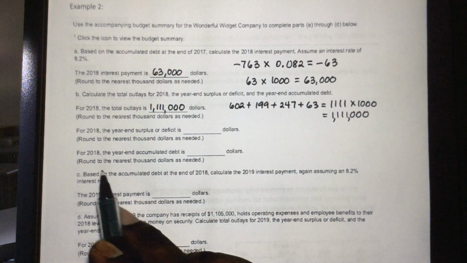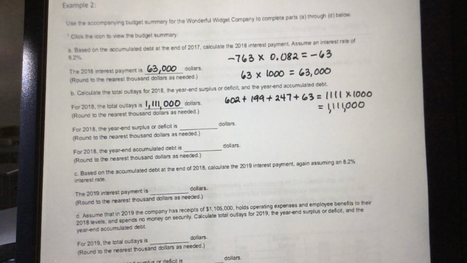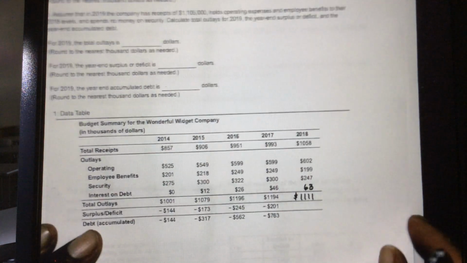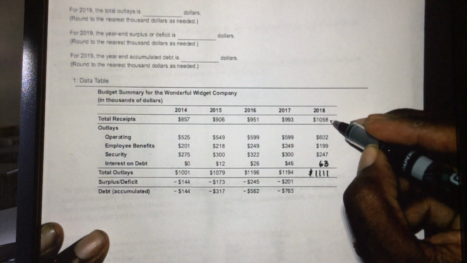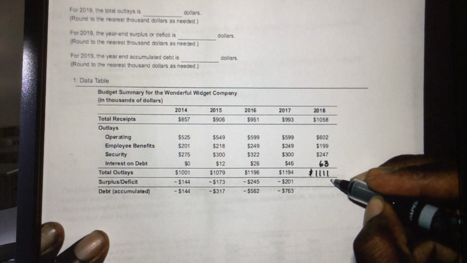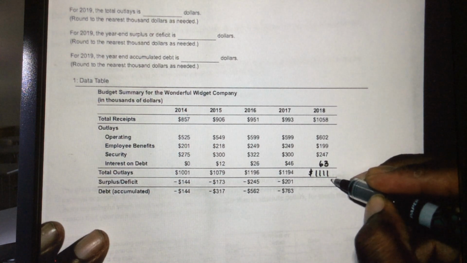And now for the 2018 year-end surplus or deficit, we take the receipts, which is this amount of 1058 minus the outlays, 1111.